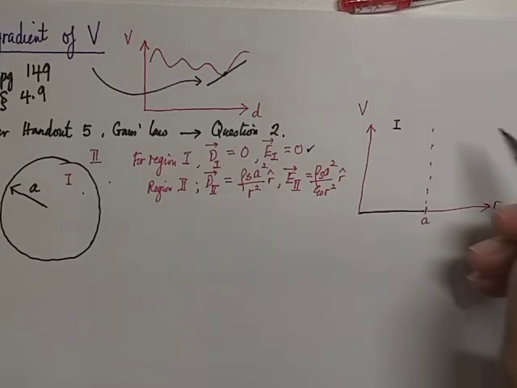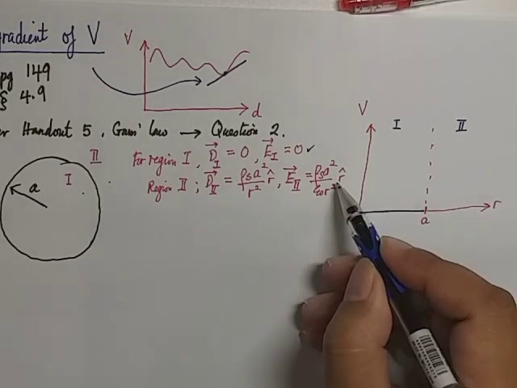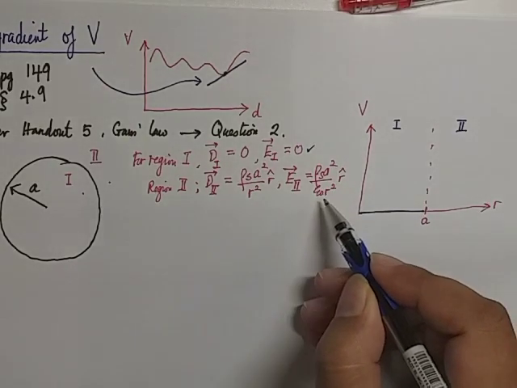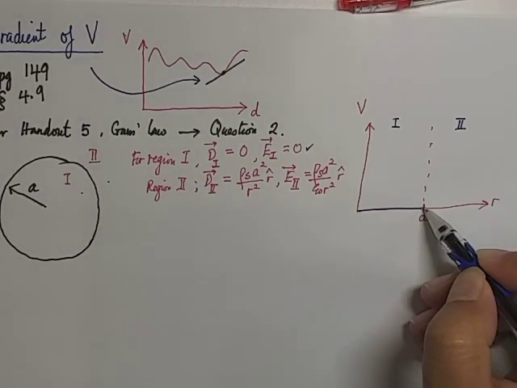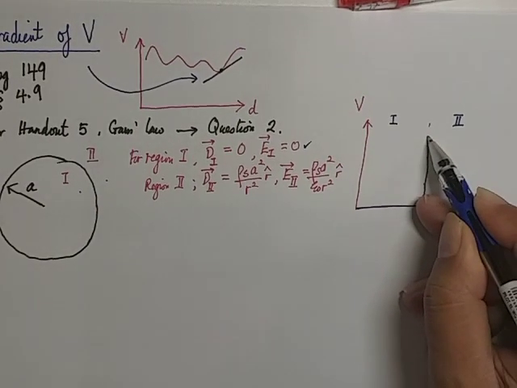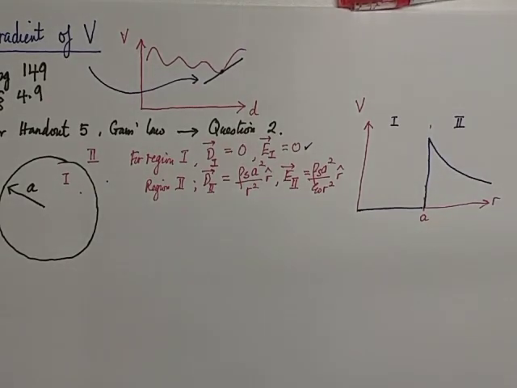But in region number 2, there is an electric field, and we can see that the value of E decreases as R increases. So we're going to have a spike here, then the field is going to decrease slowly. That should be the result of the electric field distribution of that charge structure.